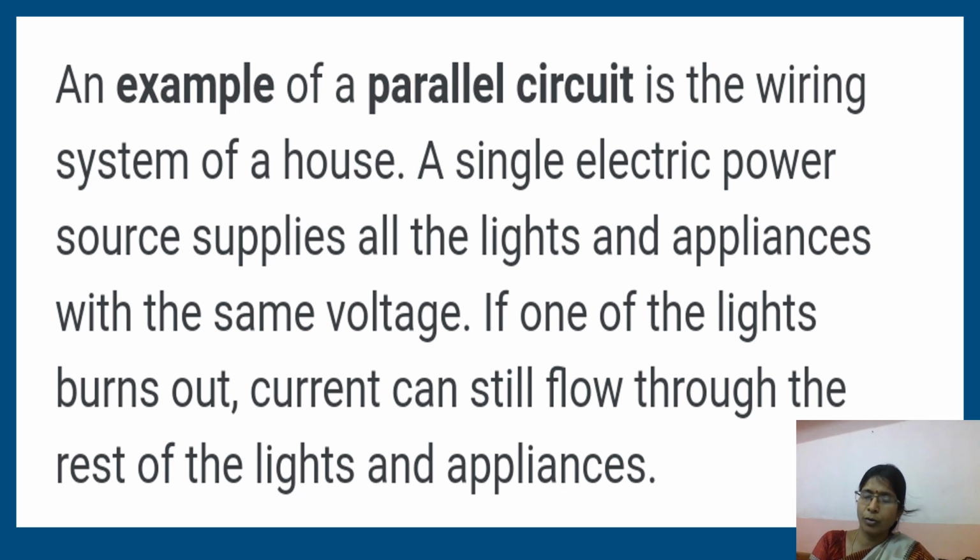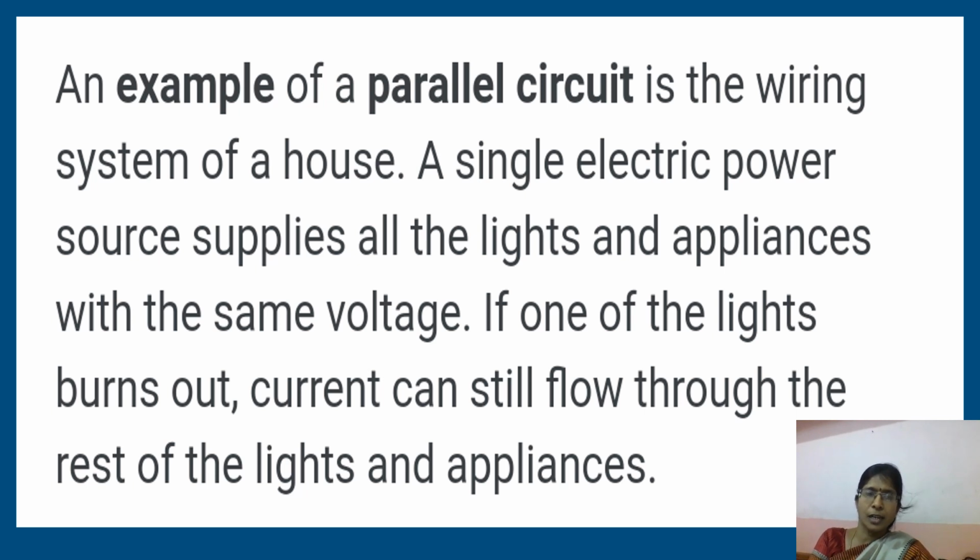So though you are in one room, if you switch on the fan of the room, the other appliances, the fan and bulb of your room and the other rooms, also work. So this is the disadvantage. Due to that, all the wiring system in a house is done in parallel.